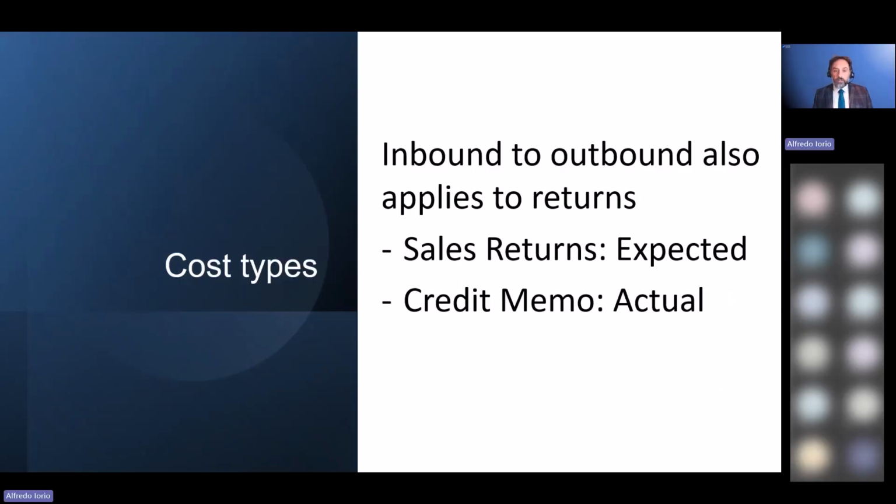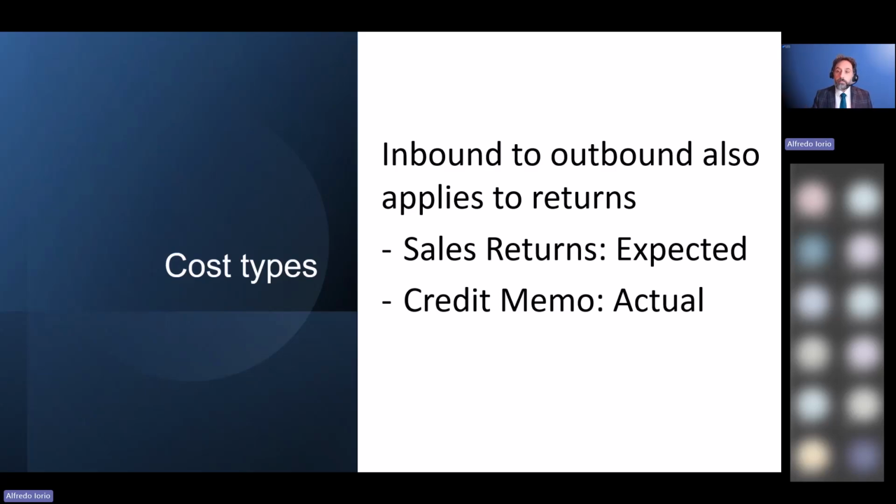We also have this concept of inbound to outbound that applies to returns, because in a way, if you think about it, when a customer returns stock and we process a sales return, we have an inbound transaction, right, where inventory is received and valued.